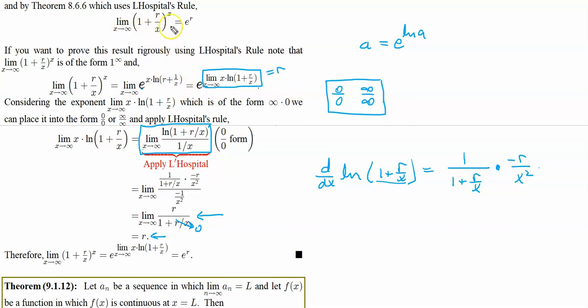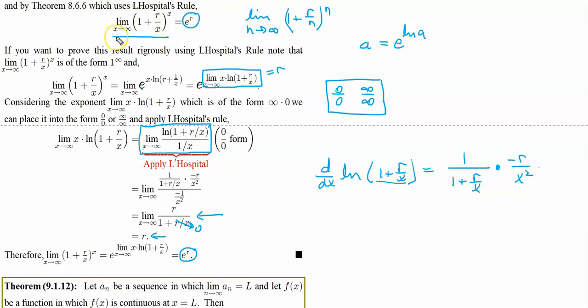And so our answer to this problem up here is e to the r. And there we go. That's how you prove that using L'Hopital's rule. So in other words, when you're looking at this limit, which we originally stated, here n is supposed to be an integer, and you consider this limit where you just replace the n's with x's, then you can just apply L'Hopital's rule to this, and you get your answer.